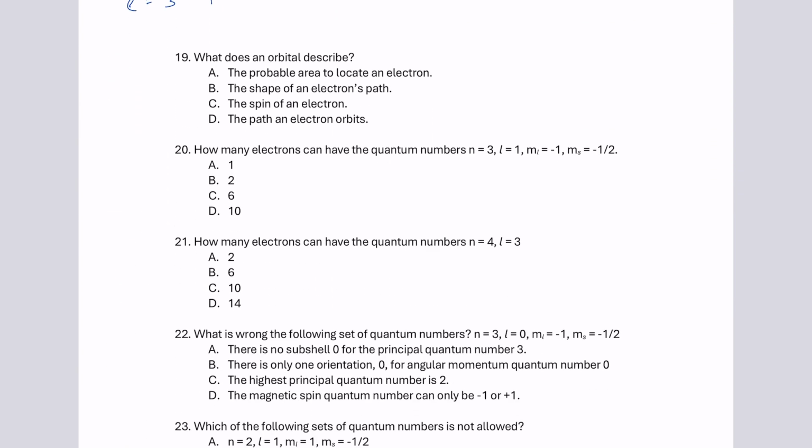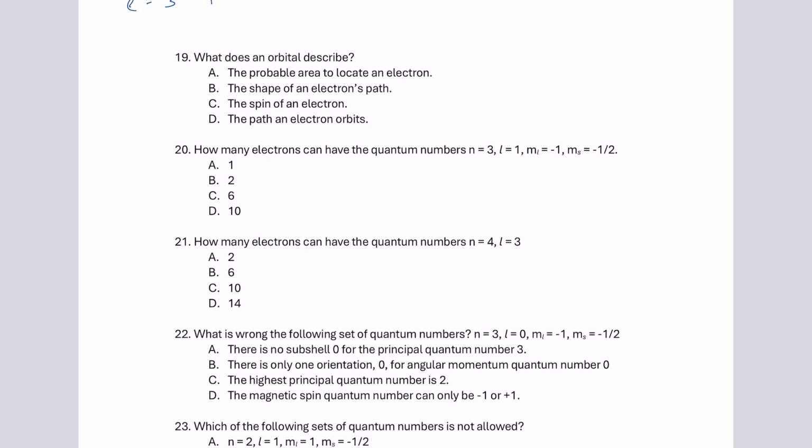Problem 19 says, what does an orbital describe? A says the probable area to locate an electron. B says the shape of an electron's path. C says the spin of an electron, and D says the path an electron orbits. An orbital describes the probable region in which an electron is likely to be found around the nucleus.